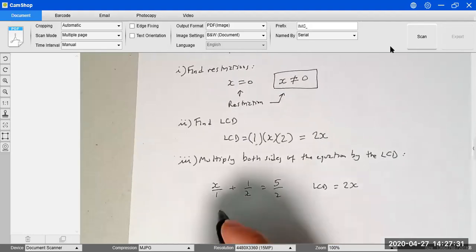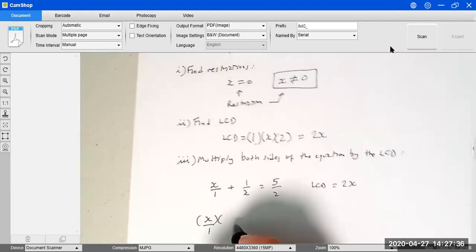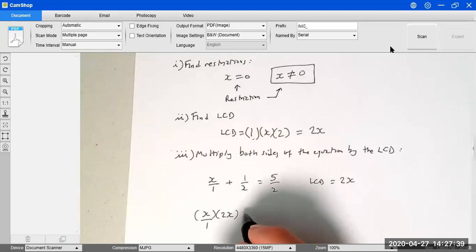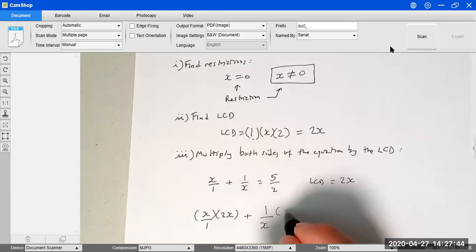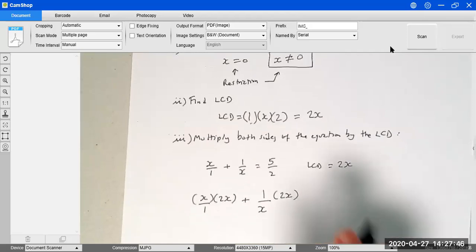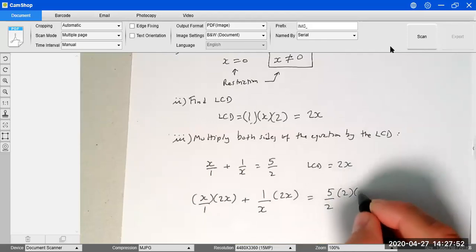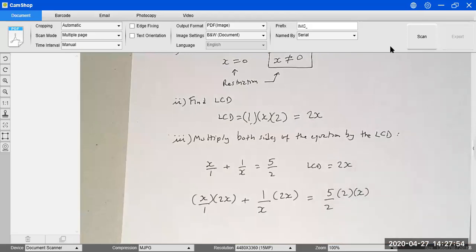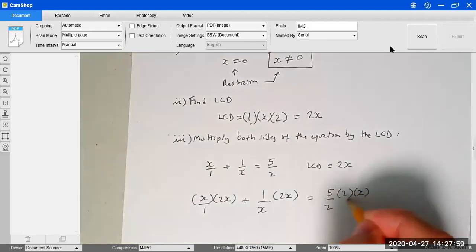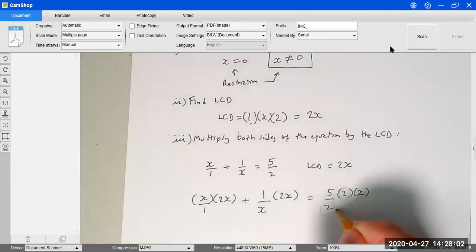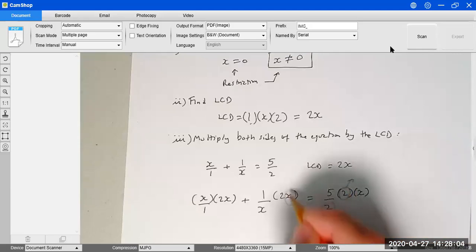So the first one is going to be x over 1, multiplied by 2x. Then the next one is 1 over x, and we're going to multiply this by 2x. And then 5 over 2, and we're going to multiply this by 2x. So you can see here now that we can cancel these 2 and these 2, and you can cancel this x and this x.